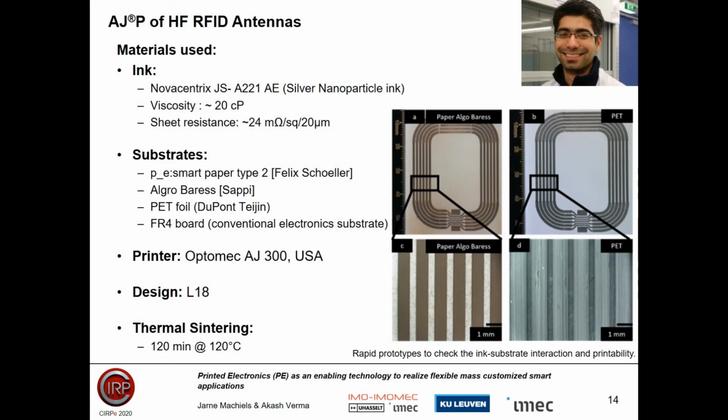Thermal sintering was done for 120 minutes at 120 degrees Celsius in a thermal oven. On the right side, we can see a high quality print of all the printed antennas with no overspray and no short circuits.